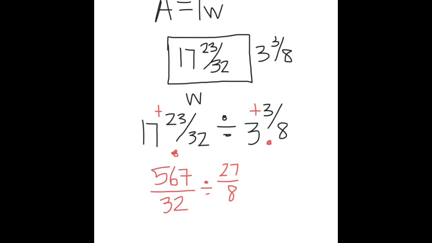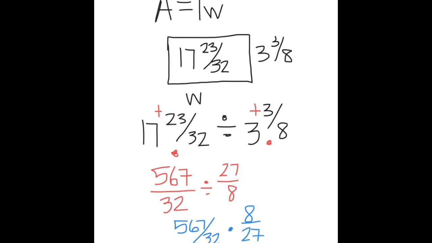And now we're going to perform the keep, change, flip operation. So 567 32nds times 8 over 27.